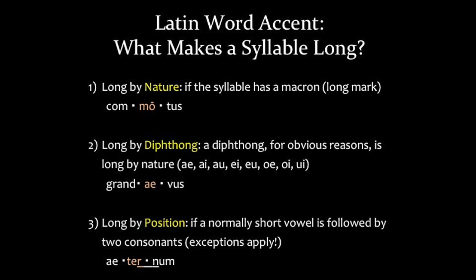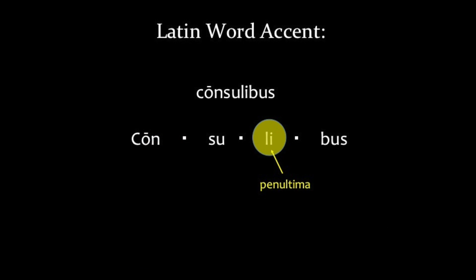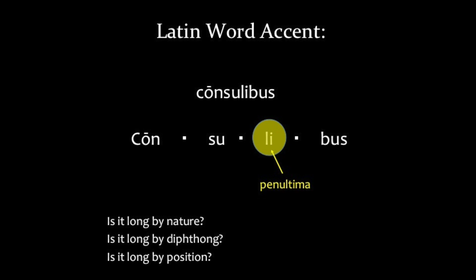Good. Now, let's take a look at our example, consulibus. Let's take a look at this word closely. Now, is it long by nature? Is there a long mark over it? No. Is it long by diphthong? No. I is not two vowels that are pronounced as one. And is it long by position?